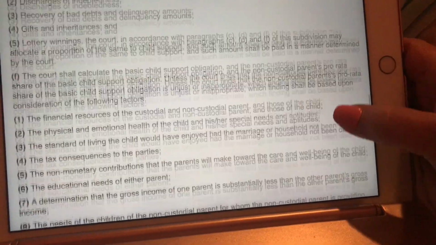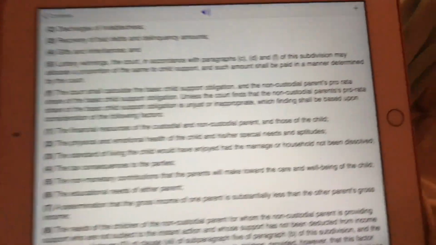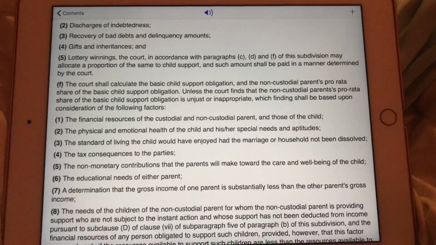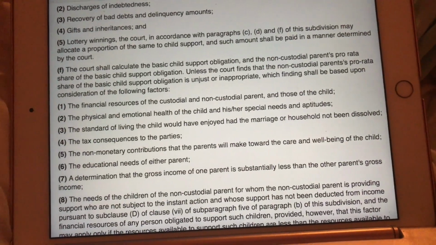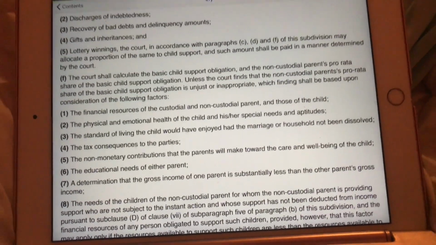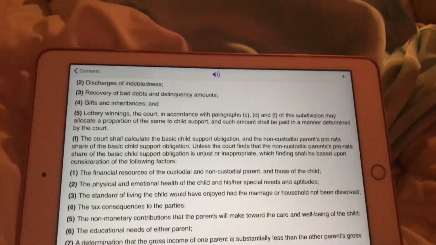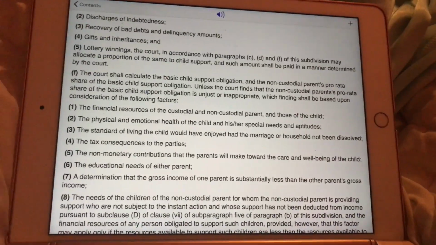But all that stuff would have to be determined by the court, but it's still not automatically deducted. So while this list is important to kind of just read and maybe be able to recognize, it's not the list that's absolutely crucial. If you're going to memorize one of the lists, make it that list of 9.